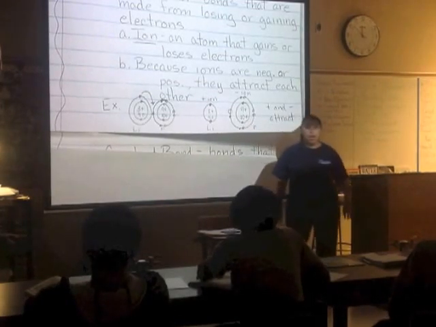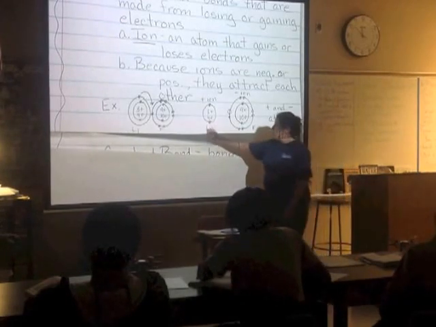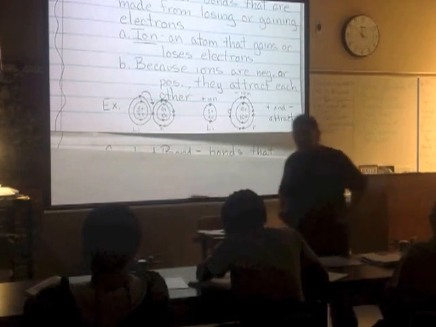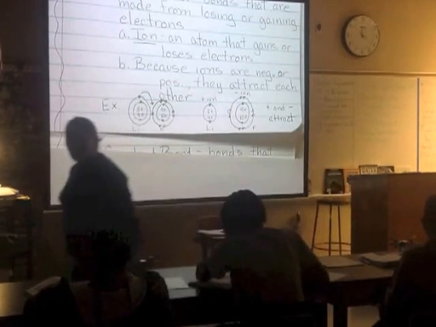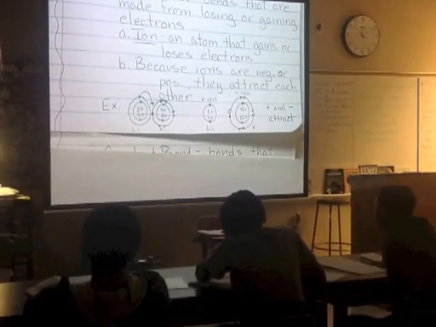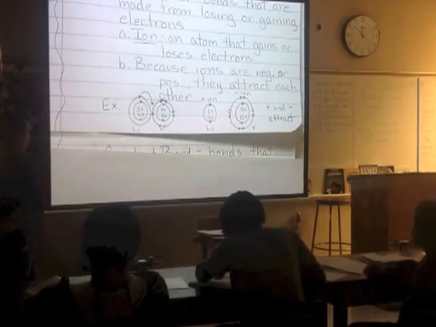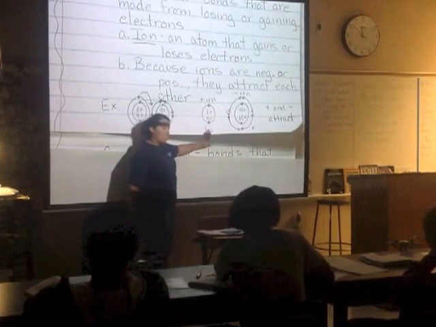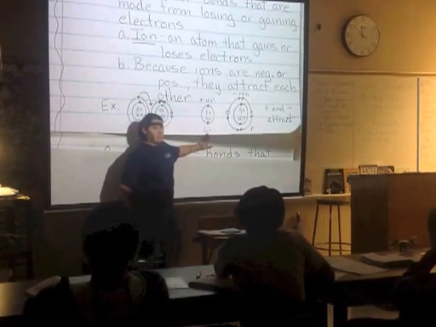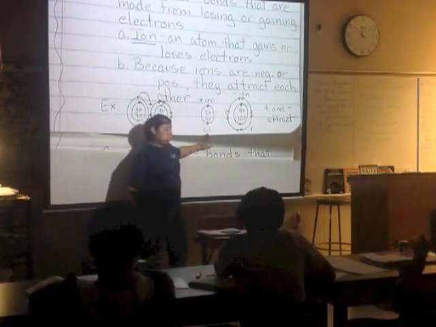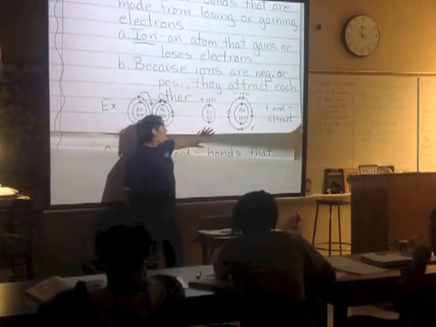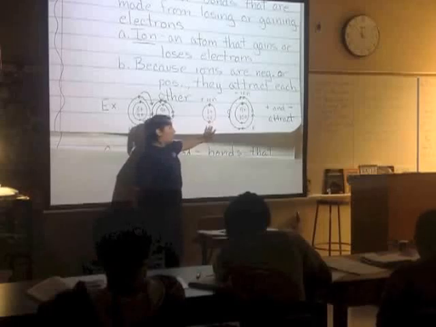So, Joanna, can you explain to me why lithium is positive? Why is this lithium positive? No, well it is stable, but I'm asking why is this considered a positive ion?